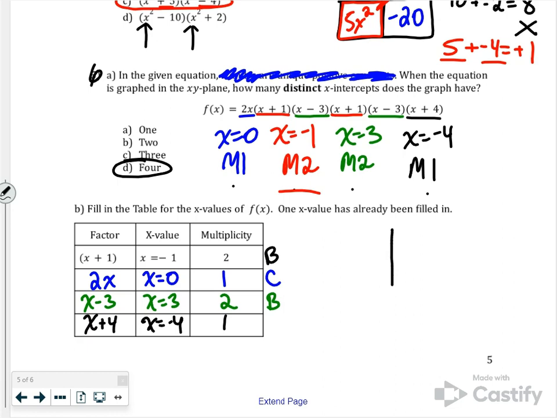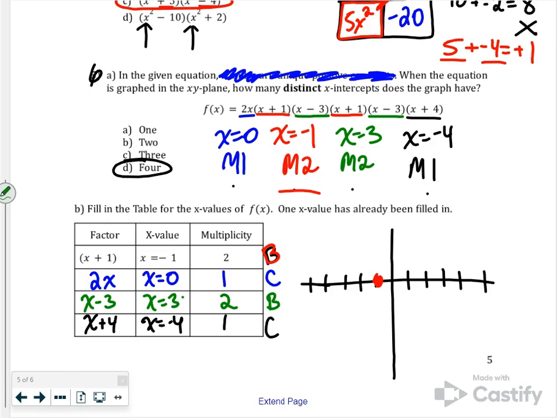So bonus content here. If I had to graph this, we would want to make sure that we are bouncing at x equals -1. And we're also bouncing at x equals -3.